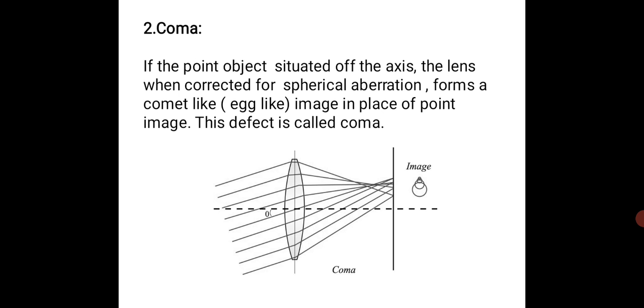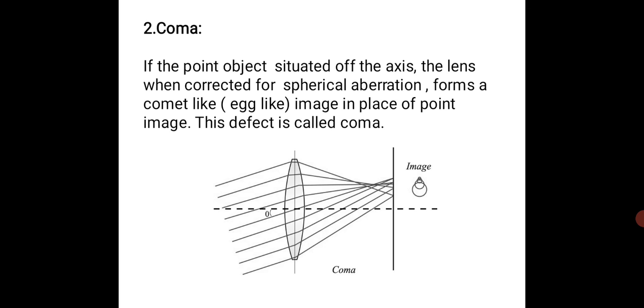Next, we will come to the second type of aberration, that is coma. If a point object is situated off the axis, the lens, when corrected for spherical aberration, forms a comet-like, that is egg-like, image in place of a point image.